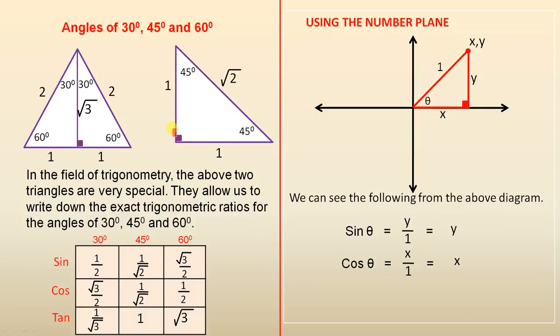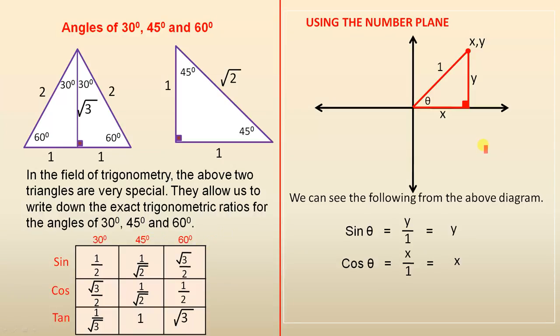For this diagram here, that's an isosceles triangle, 45 degrees each. So we have one for the base, one for the height, and root 2 for the hypotenuse. So using the ratios of sine, cos and tan, these are the exact answers for those three angles.